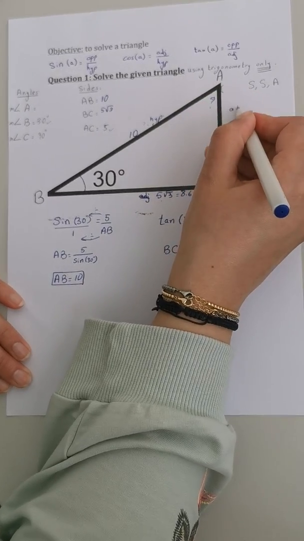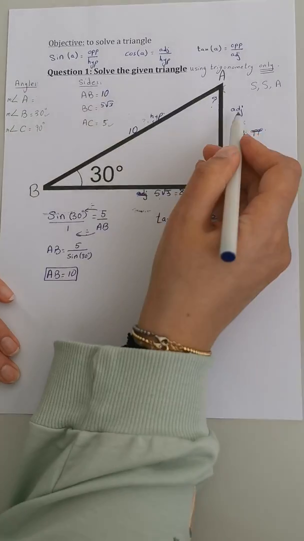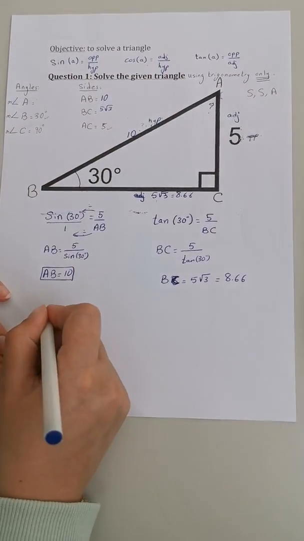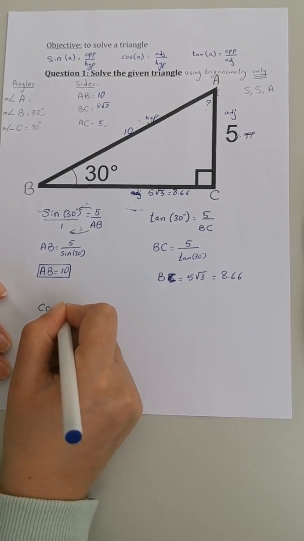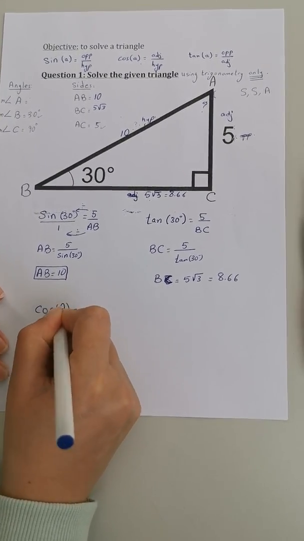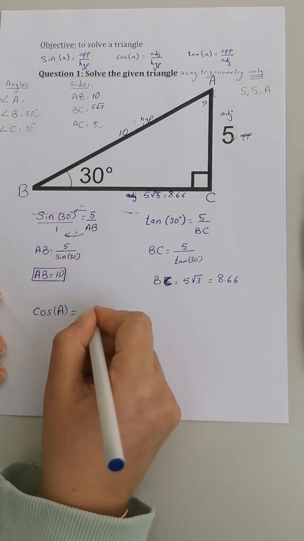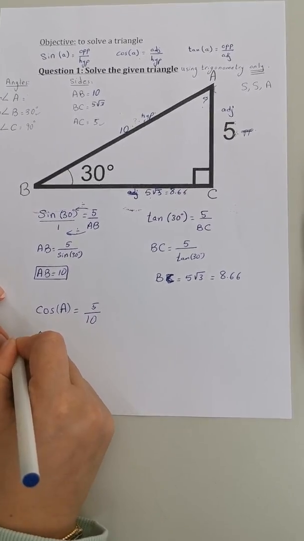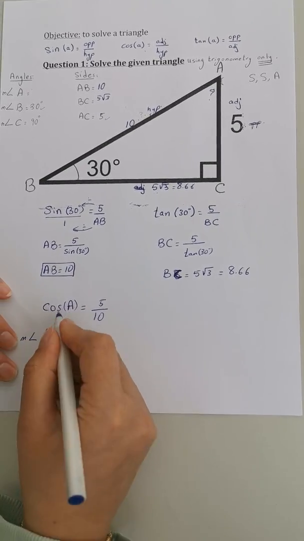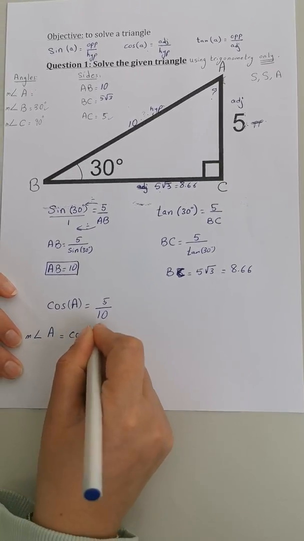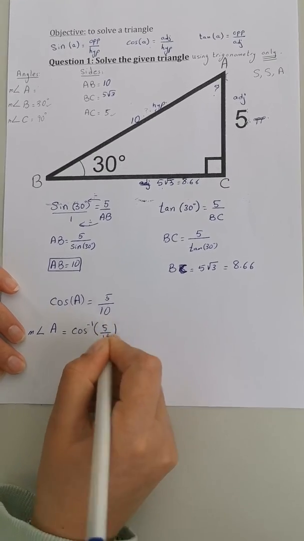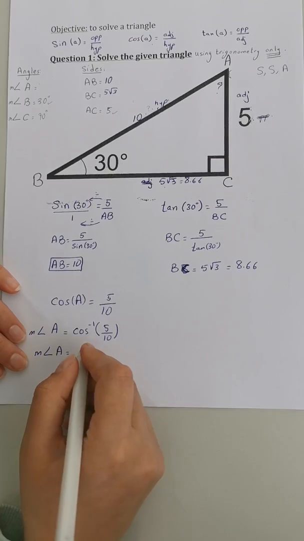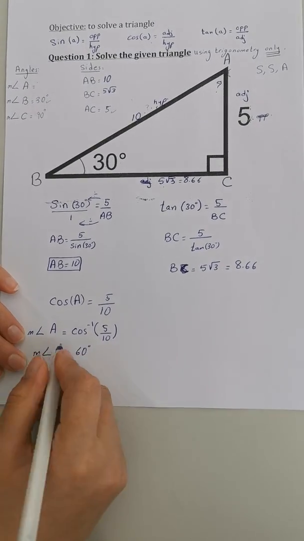So this is adjacent to A. I'm going to use adjacent and hypotenuse, which means I'm going to use cosine A. Cosine of angle A, which is missing, equals the adjacent 5 over the hypotenuse 10. Remember that when you want to find the measure of an angle, you have to do the cosine inverse of 5 over 10. By using a calculator, the measure of angle A will be 60 degrees.